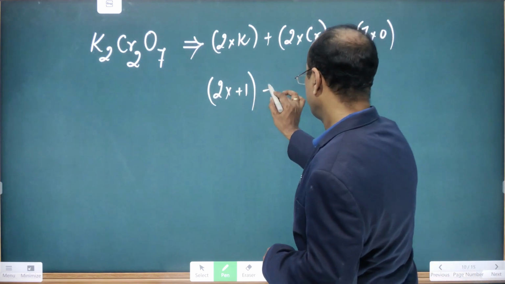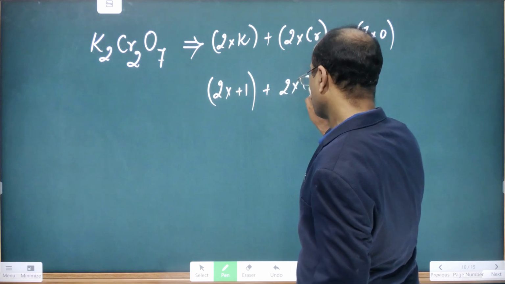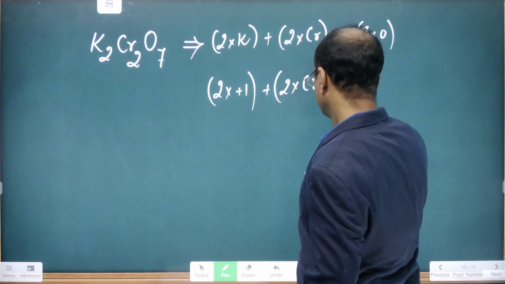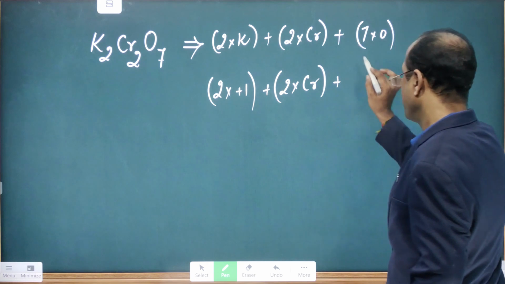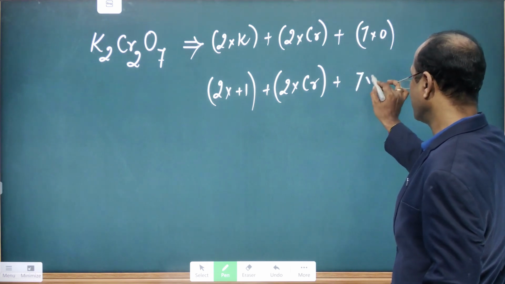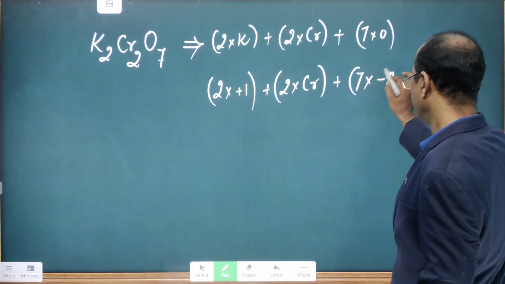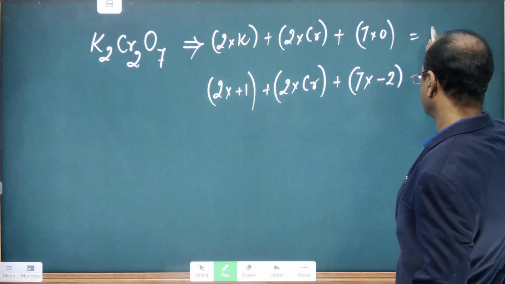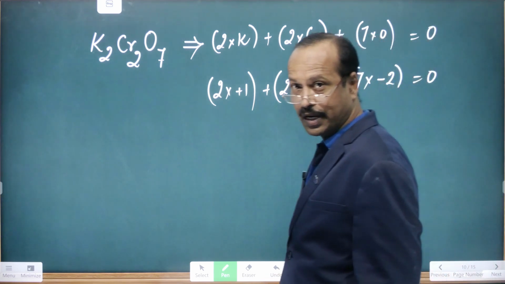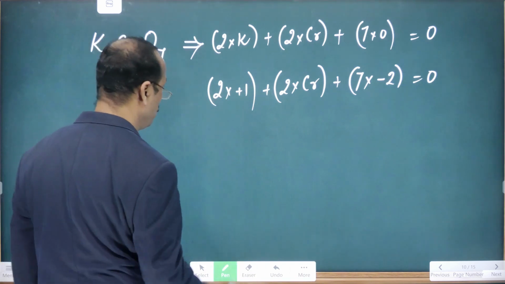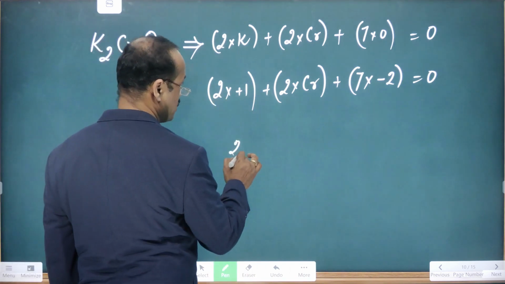So plus 1. Plus 2 into chromium. I don't know the chromium. I want to find the chromium only. So I write chromium as Cr. Plus 7 into oxygen. You know that oxygen exhibits minus 2. Correct? Is equal to 0. The sum of all the oxidation numbers is 0. So I am writing 0. Clear? Then what do we do? 2 into plus 1 is plus 2.